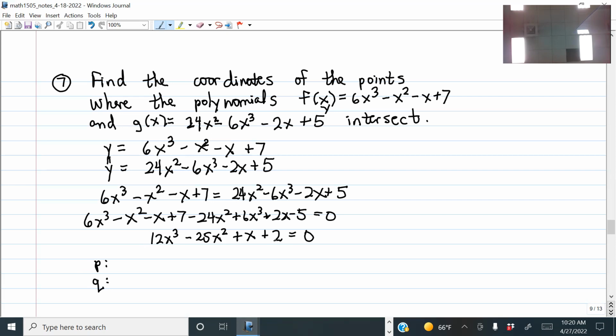So let's see, what are our p factors here? What are the factors of the constant coefficient? Yeah, 1 and 2, and then the factors of the leading coefficient. Unfortunately, there's a lot of those. 12 has lots of factors, right? And that makes 12 a very useful number.